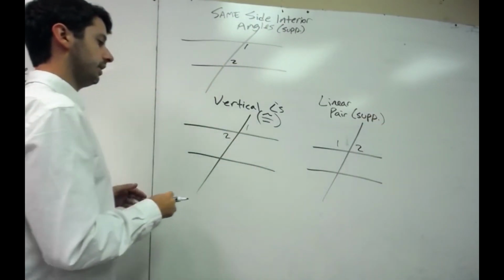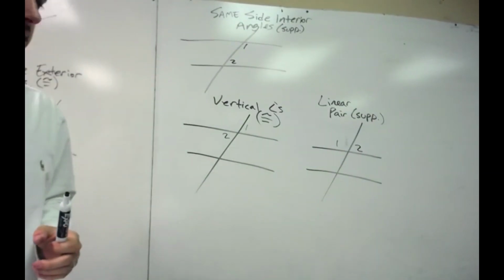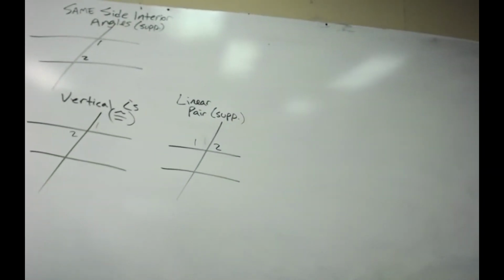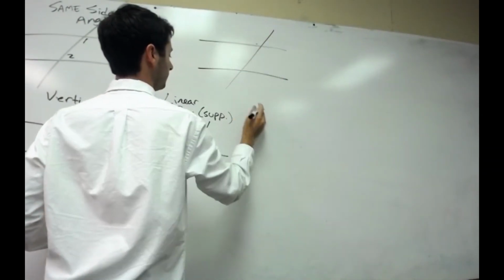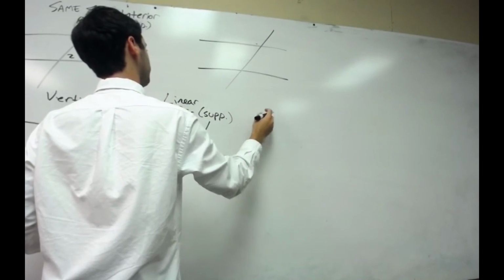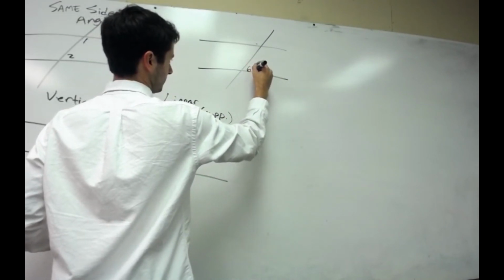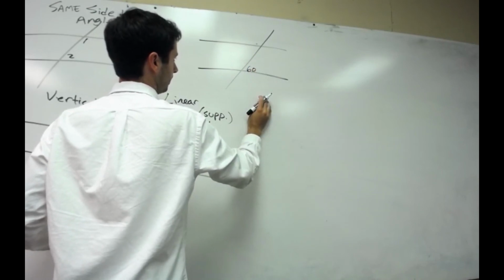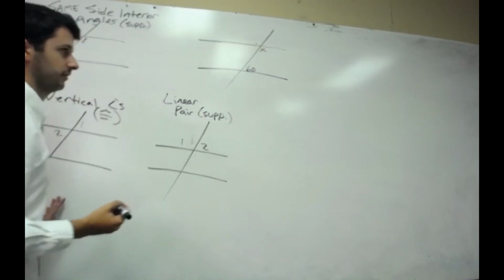So say we had an example problem where we had 2 parallel lines, we knew that this angle was 60, and it wanted us to find this angle, call it x.